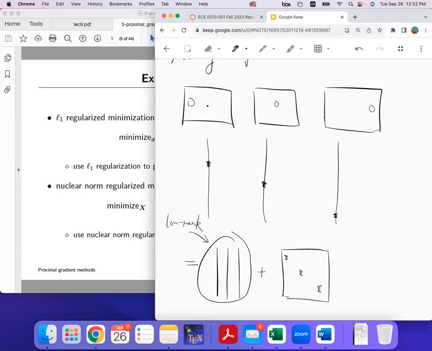Remember, every column is a stack of the columns of these frames, and they're the same because it's the background. So we assume there's a static background plus a moving object. If you only stack the background part together, all the frames of the background are the same. So these columns are the same.